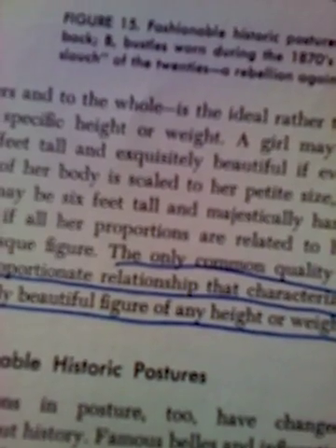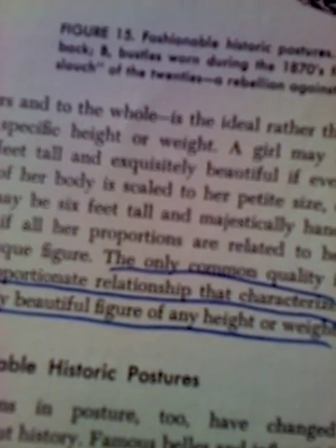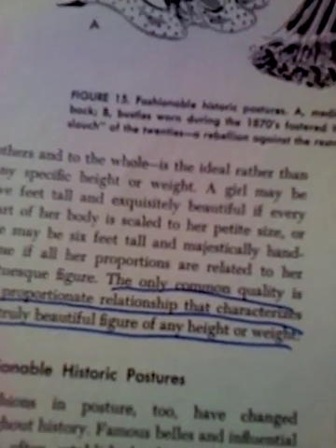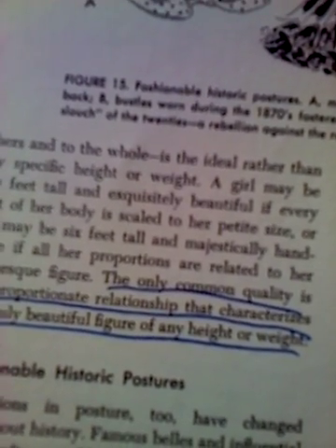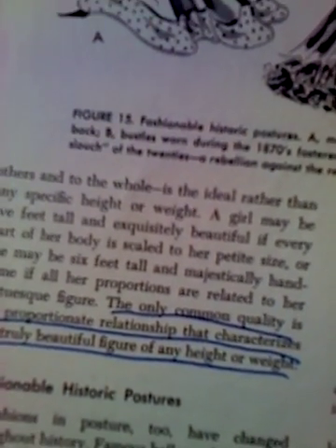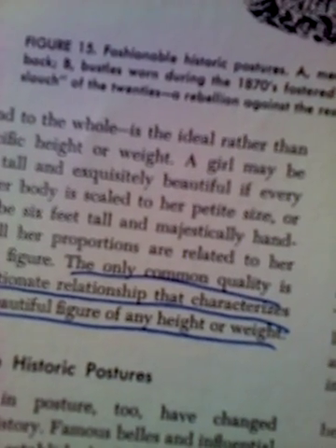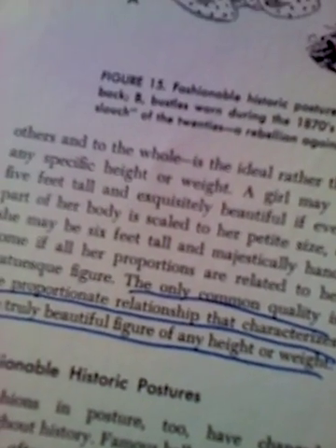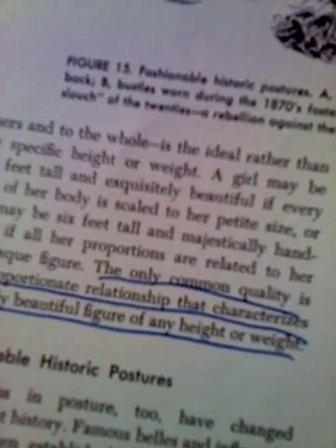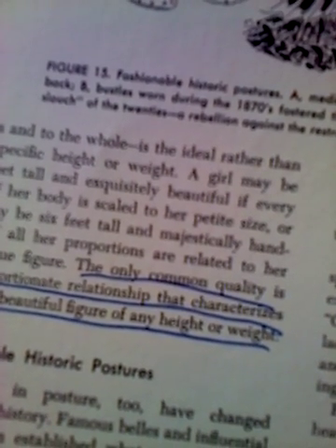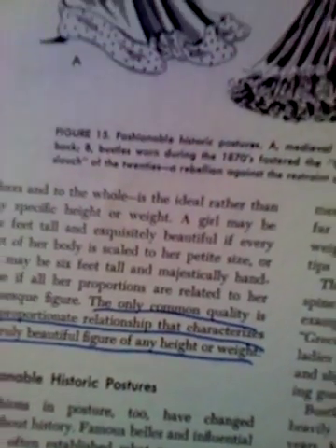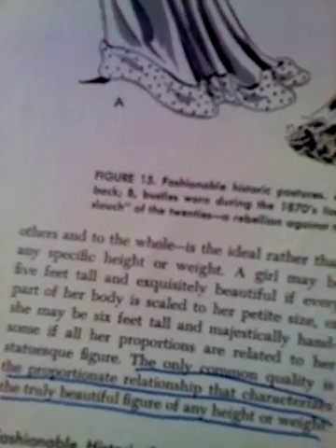A girl may be 5 feet tall and exquisitely beautiful if every part of her body is scaled to her petite size. Or she may be 6 feet tall and majestically handsome if all her proportions are related to her statuesque figure. The only common quality is the proportional relationship that characterizes a truly beautiful figure of any height or weight.